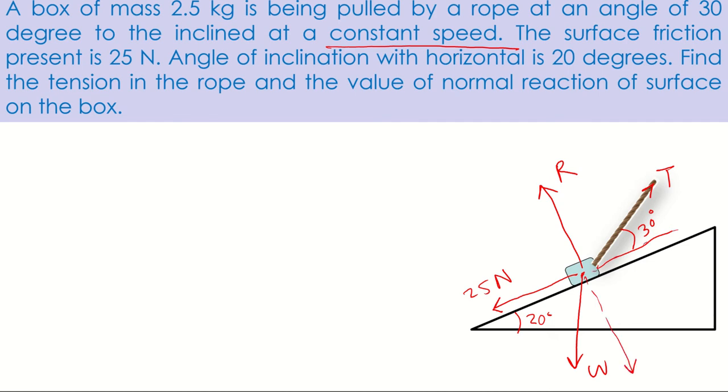So we do the same thing here. We consider our coordinate axis along the plane and perpendicular to the plane. Normal reaction is perpendicular to the plane. So we need to divide the forces T and W. 20 degree is the angle of inclination, and the angle between W and the perpendicular to the plane is always the same.